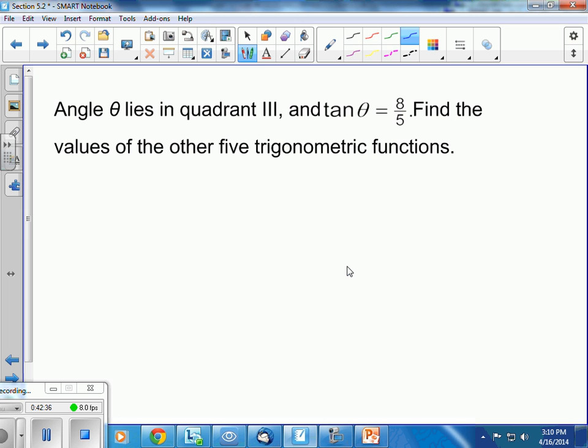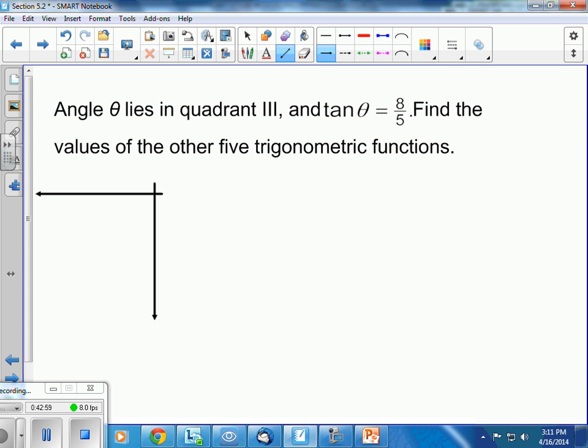Okay, here's a problem that says I have an angle that lies in quadrant 3, and the tangent is equal to 8 over 5. Find the values of the other 5 trigonometric functions. So let's go ahead and draw a quick little picture here. I'm in quadrant 3, so I only drew quadrant 3.